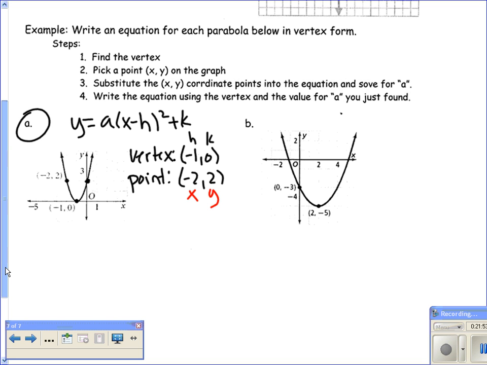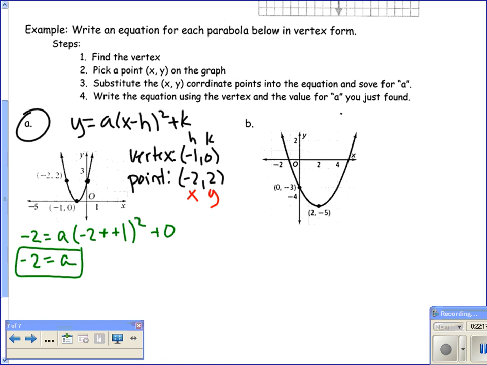And when I do that, I get 2 is equal to a times x, which we're using -2, minus h, so minus -1 squared, and then plus 0. So minus minus becomes plus right here. So we have 2 equals -2 plus 1 would give me -1 squared, which is 1. So a plus 0, which we don't need to write.